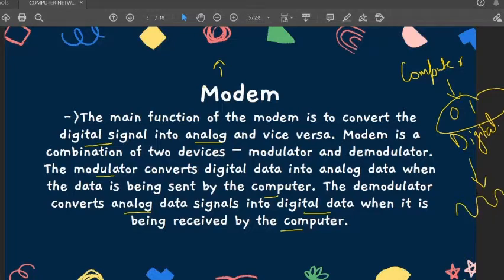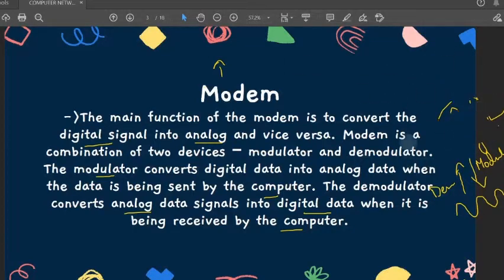Analog is something like this. That process is known as modulation. Then demodulation is converting analog data to digital data. And both functions are done by the modem.